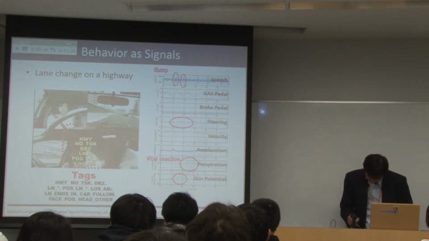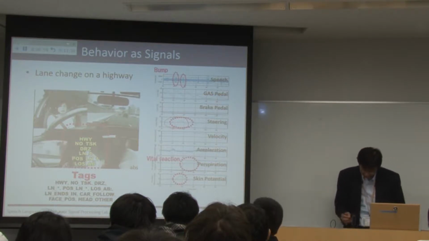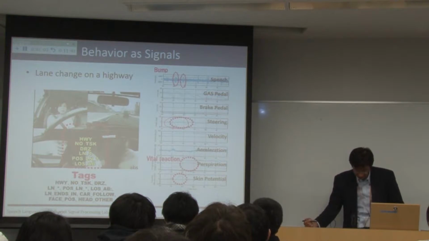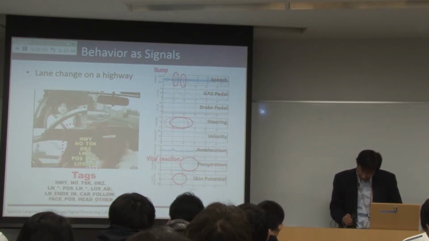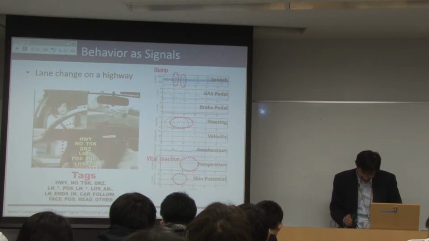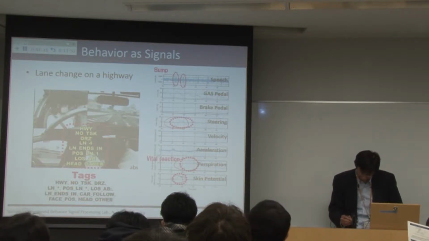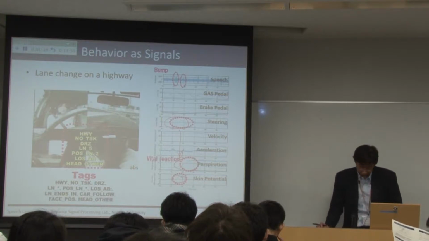She made a steering operation like this, and together with that operation, she again felt some emotional change, like threat or something. In this case, we could measure some change in physiological signals like skin potential or perspiration, probably associated with this lane changing operation.